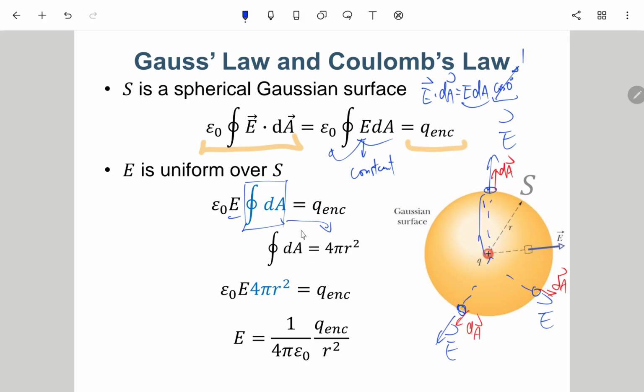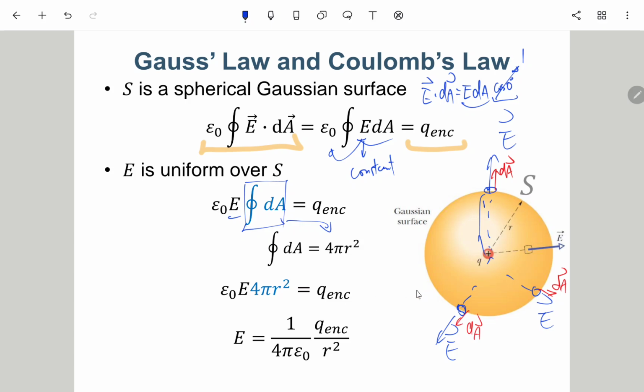So we can put this one there. After putting this 4 pi r square there, we have epsilon naught E times 4 pi r square, and then equals Q enclosed. Q enclosed is actually this Q.